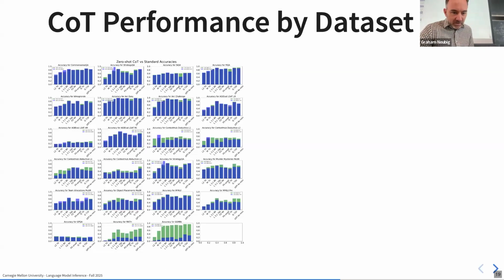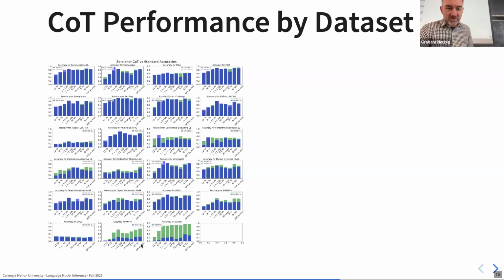But basically, the ones on the bottom are math. These are deductive reasoning style benchmarks, specifically made to measure deductive reasoning. And then a lot of these others are like common sense QA, strategy QA, kind of word puzzles or common sense puzzles, things like this.